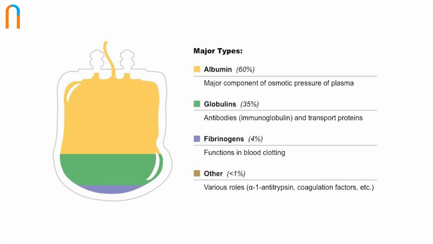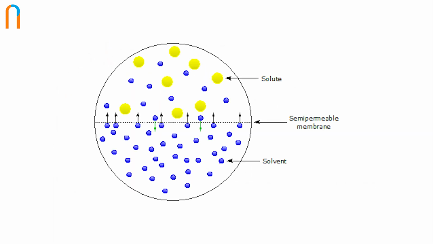Because of plasma proteins, the oncotic pressure of plasma is about 25 mmHg. Due to the absence of proteins, the oncotic pressure of the interstitial fluid is near 0 mmHg. Thus, there is normally a large osmotic force for fluid reabsorption into capillaries.